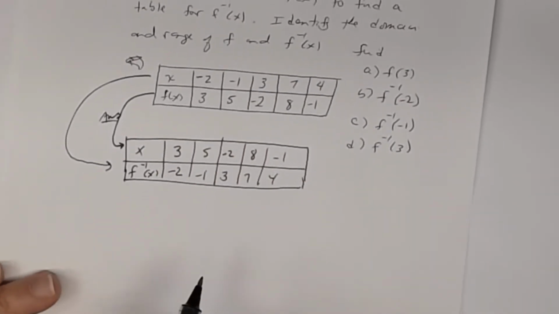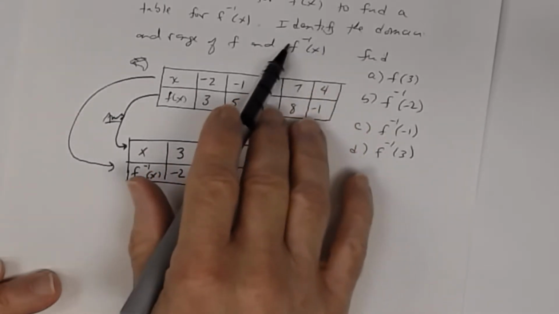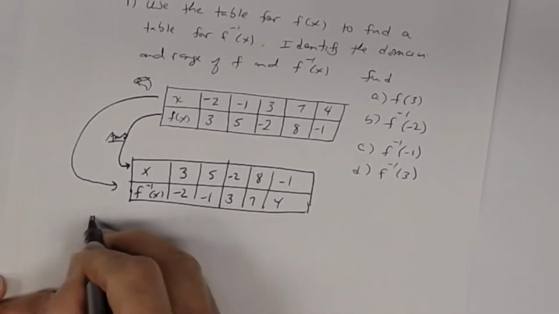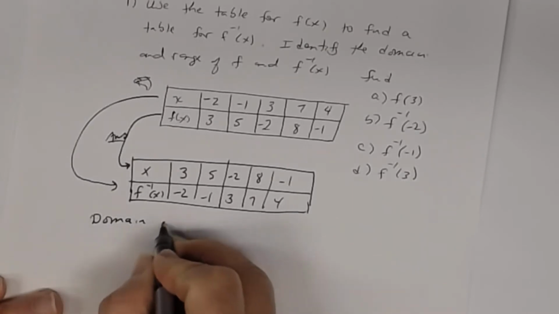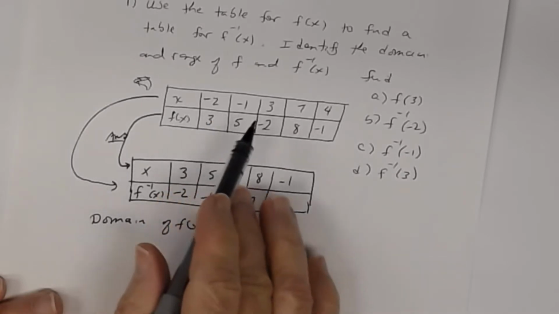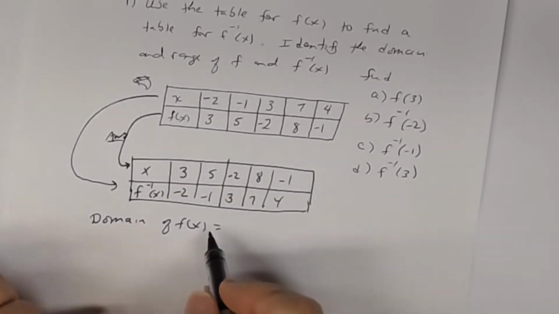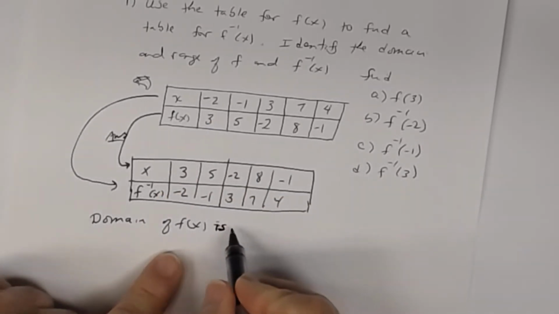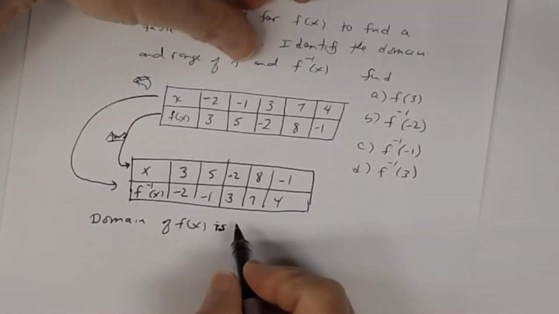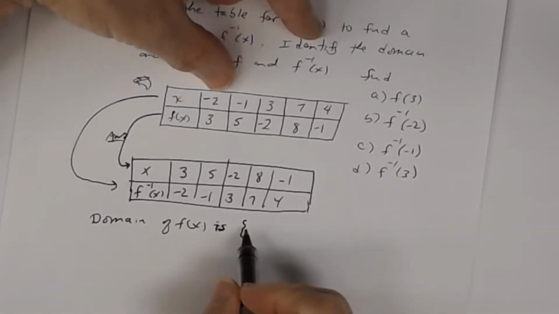Okay, so let's go ahead and do the domain and range of f of x and f inverse. So the domain of f of x. Now since your function is a finite set of ordered pairs, your domain will be a finite set of elements. So you're going to list in set notation.